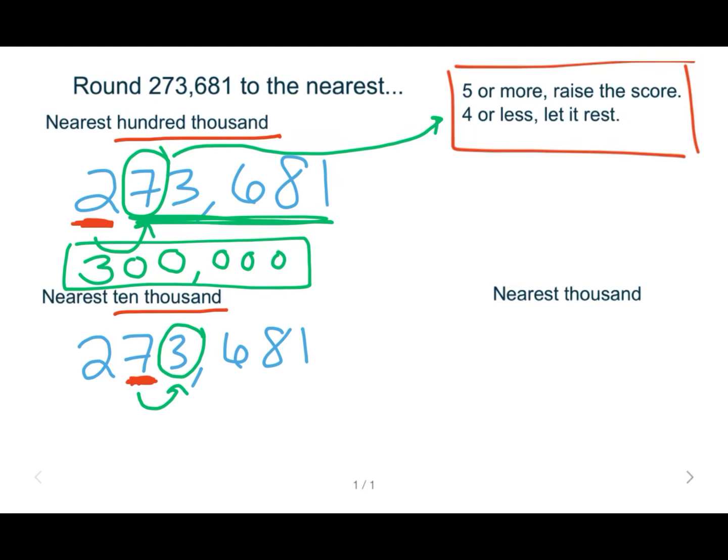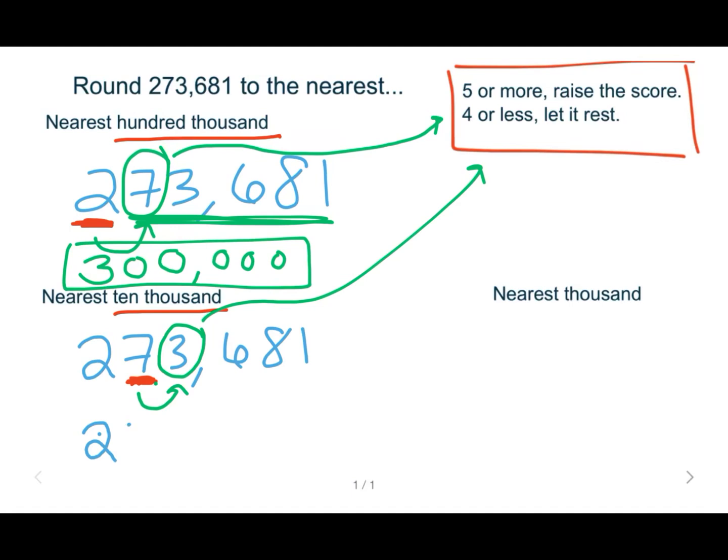So now we're going to think about our little rule over here. If that circled number is 4 or less, that means we're going to leave our 7 alone. So anything that came before your place value spot that you're rounding to, we're going to leave it the same. So like the 2 will be the same.